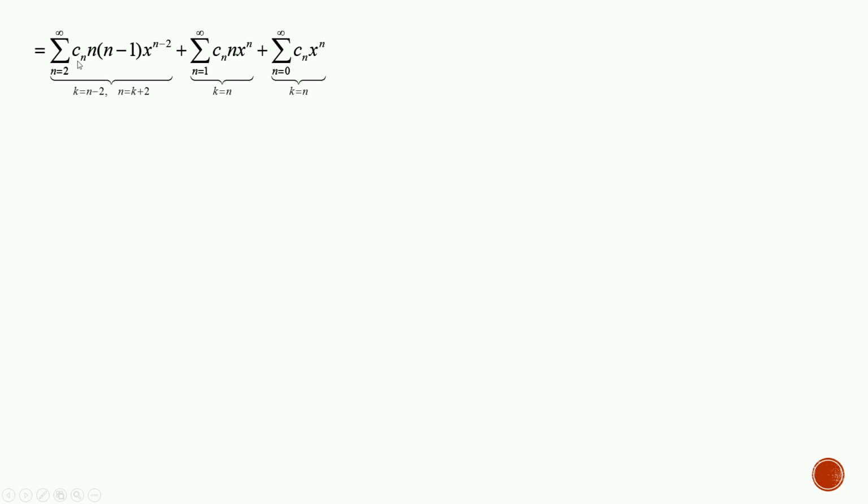So in this first term, I'm going to let k equal n minus 2, and that way n is k plus 2. On the second term, I'm going to let k equal n, and on the third term, k is equal to n. Again, that k is equal to whatever the exponent happens to be.